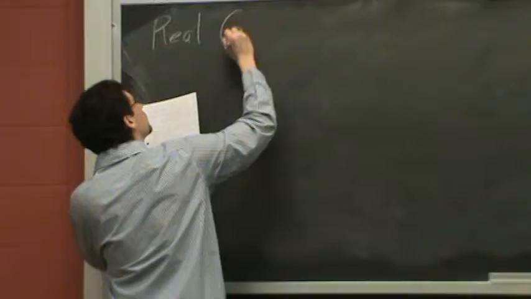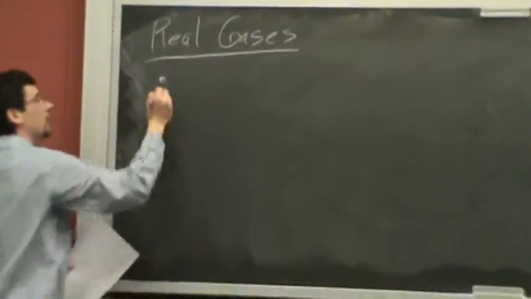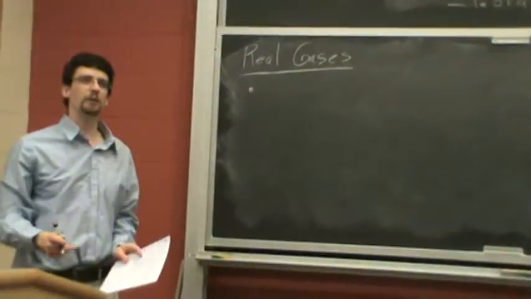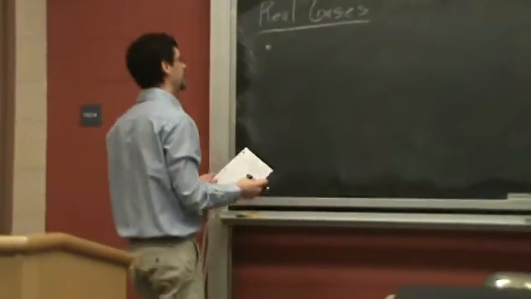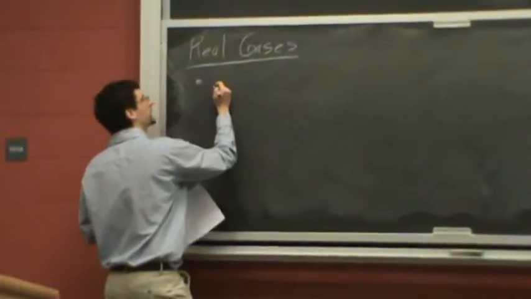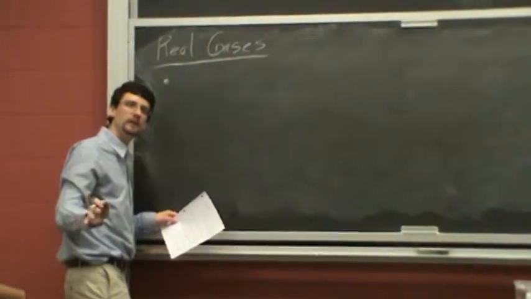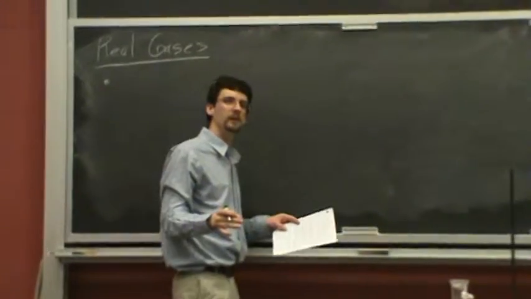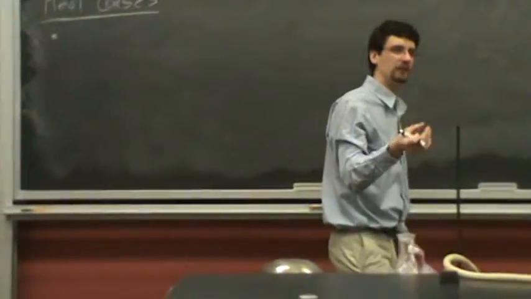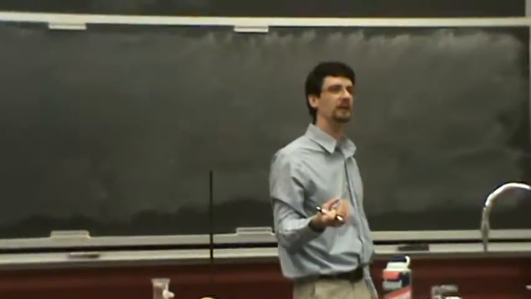So, real gases. And if we think back to the assumptions that we made with the kinetic theory of gases, what did we say one of them was that wasn't true? Do you remember? What about the space that molecules occupy?